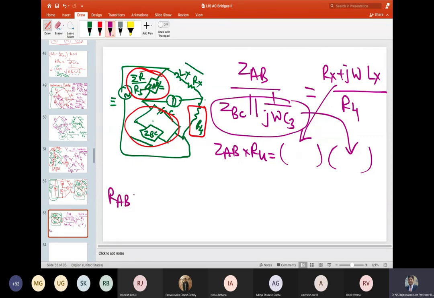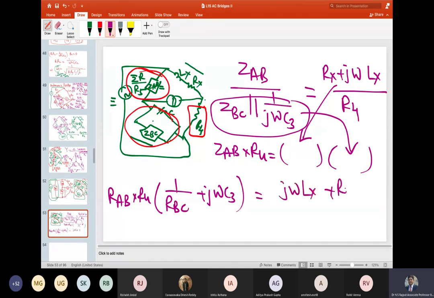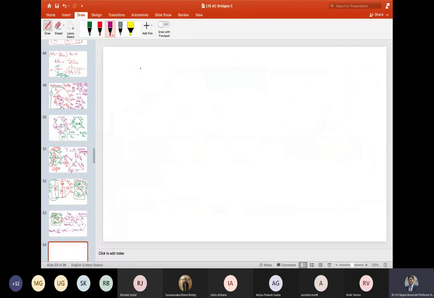So RAB into R4 multiplied by 1 by RBC plus J omega C3 is equal to J omega Lx plus Rx, right? So with this, I can now compare. So Rx is equal to RAB R4 by RBC, right?